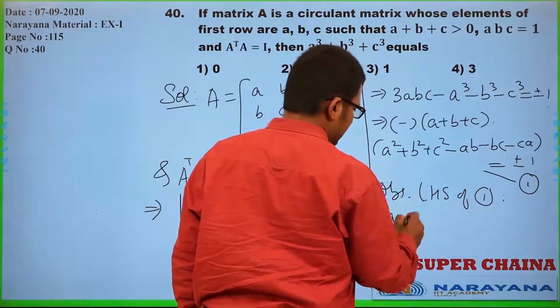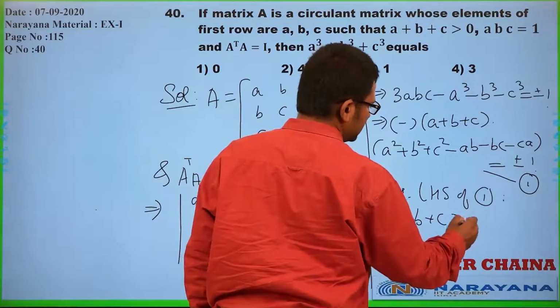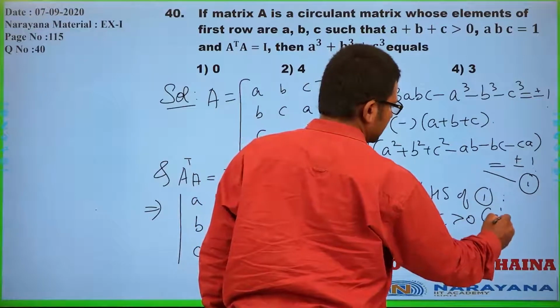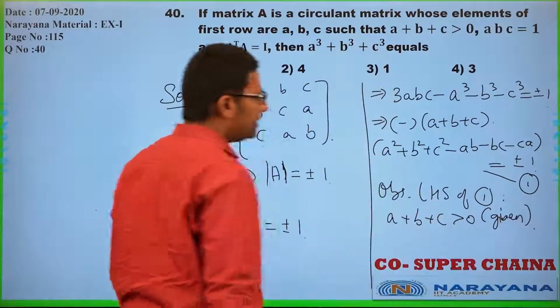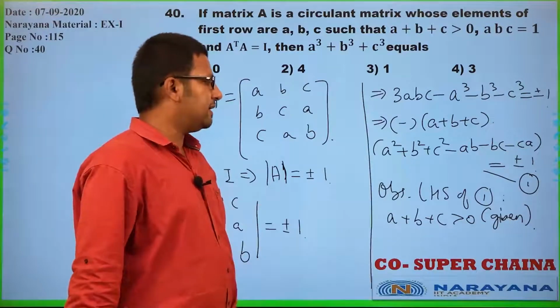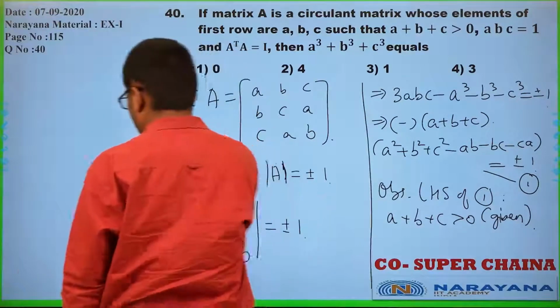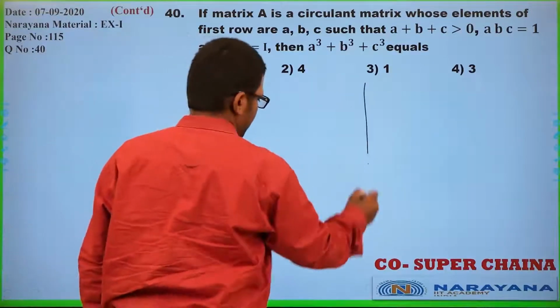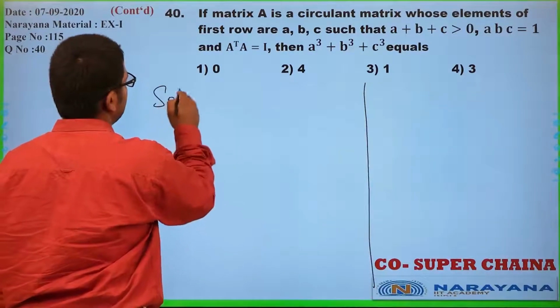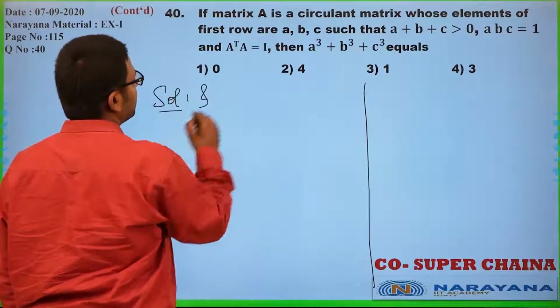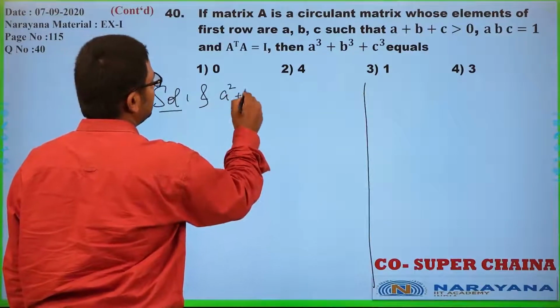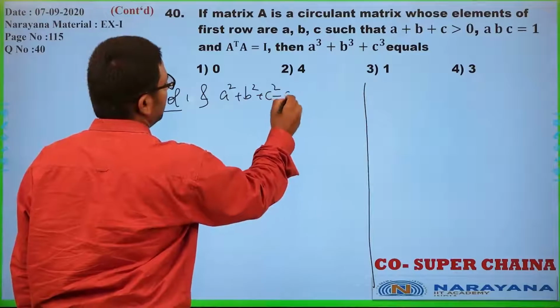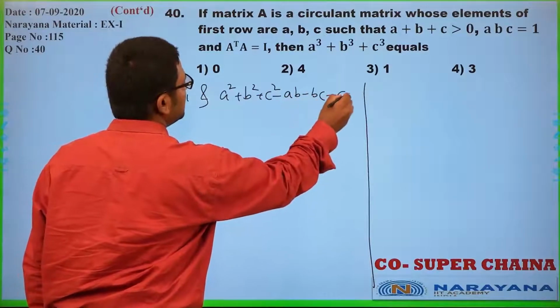It is given that a plus b plus c is positive. And what about the other expression, a square plus b square plus c square minus ab minus bc minus ca?